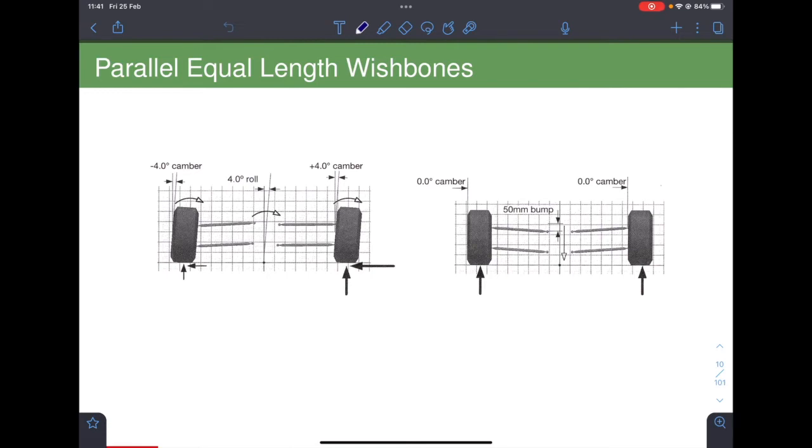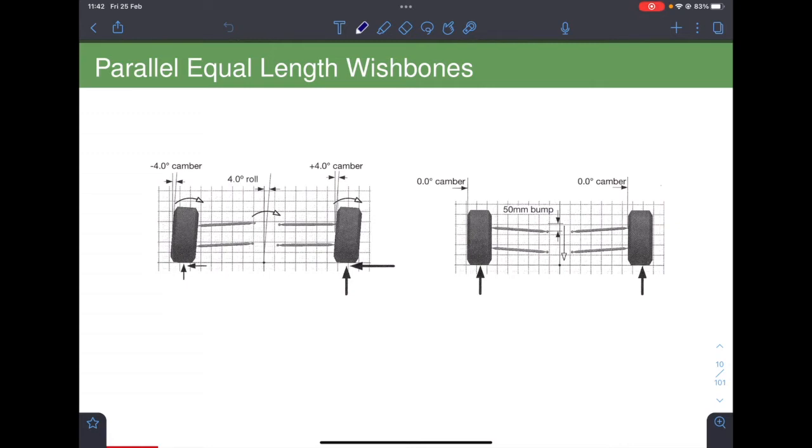So as the vehicle moves up and down, in bump and rebound, which is the second image there, you can see that the wheels also move straight up and down. There's no camber at all.